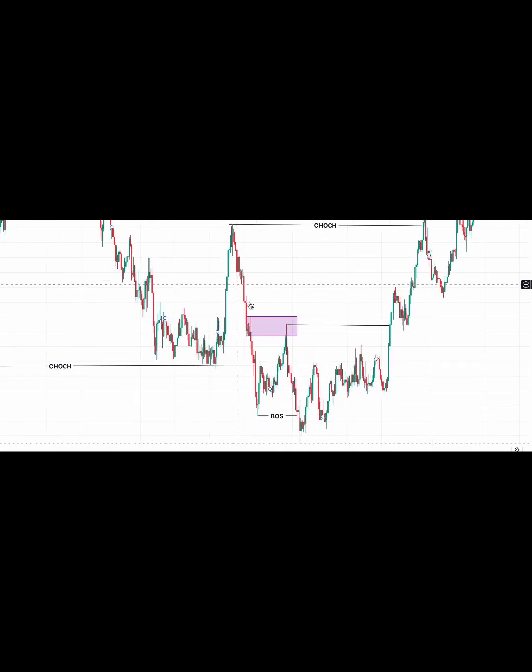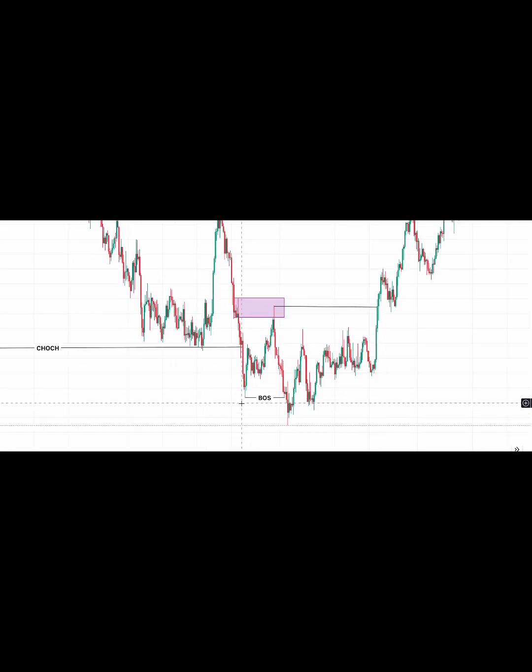Based on the mechanical market structure, this is not the BOS right here, because this is not a valid low, because the inducement right here wasn't taken out to validate the low here.